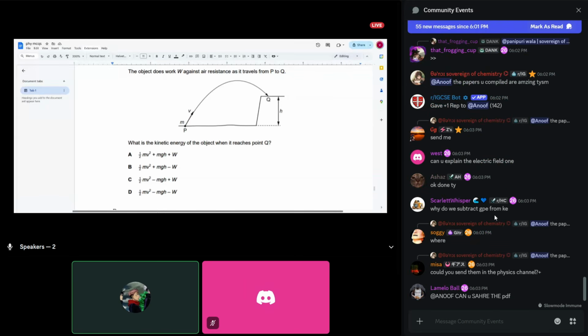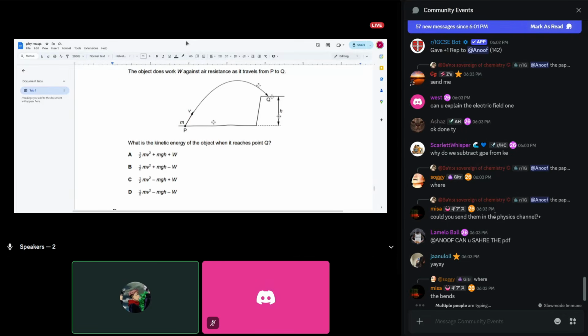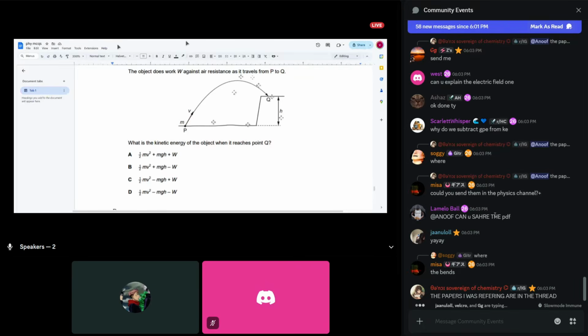In a normal situation, we would add half mv squared and mgh to get total energy.